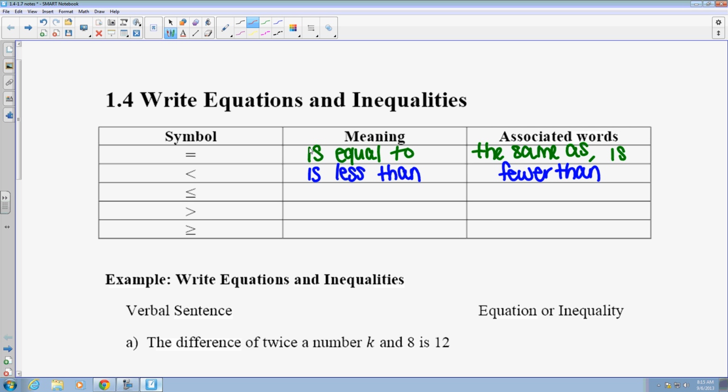Third one is the less than or equal to. And some associated words with that one, at most, and no more than. Next one is greater than.